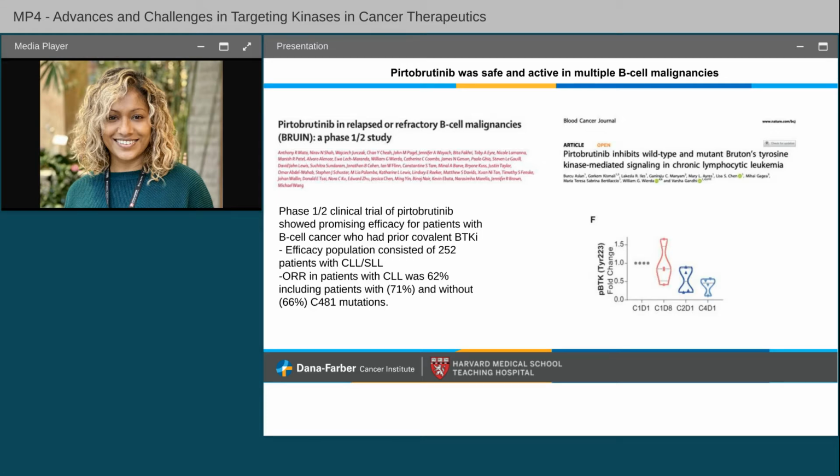And on the right, we have another publication that recently came out, which looked at the effect on the phosphorylation of BTK in these patients who are currently on trial on pirtobrutinib. So they looked from cycle 1, day 1, which is baseline, up to cycle 4, day 1, which is after 3 months of therapy, and there was a reduction in phospho-BTK in these patients.